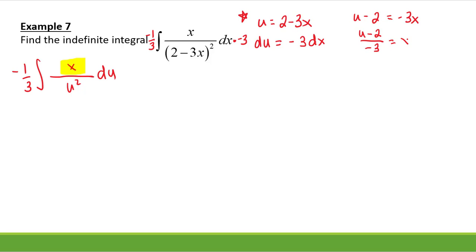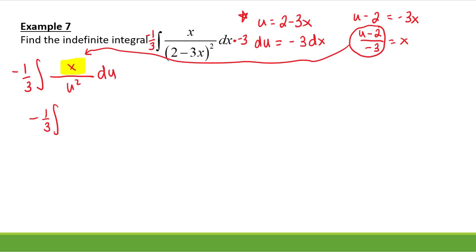Okay, and I'm going to substitute this in here for my x. So I have -1/3 the integral of u minus 2 over a -3 times u squared du.